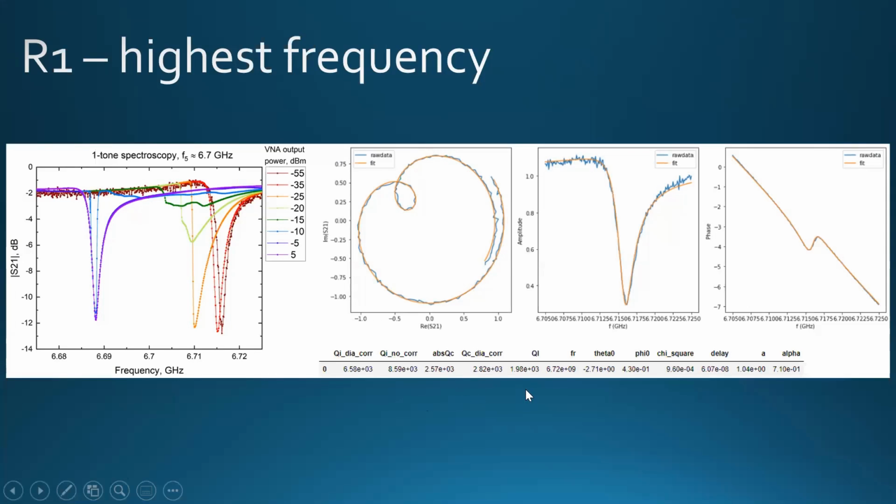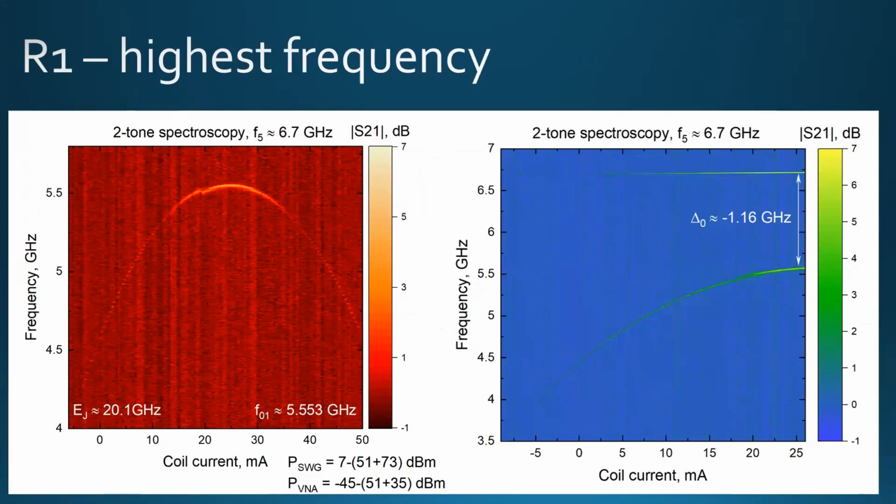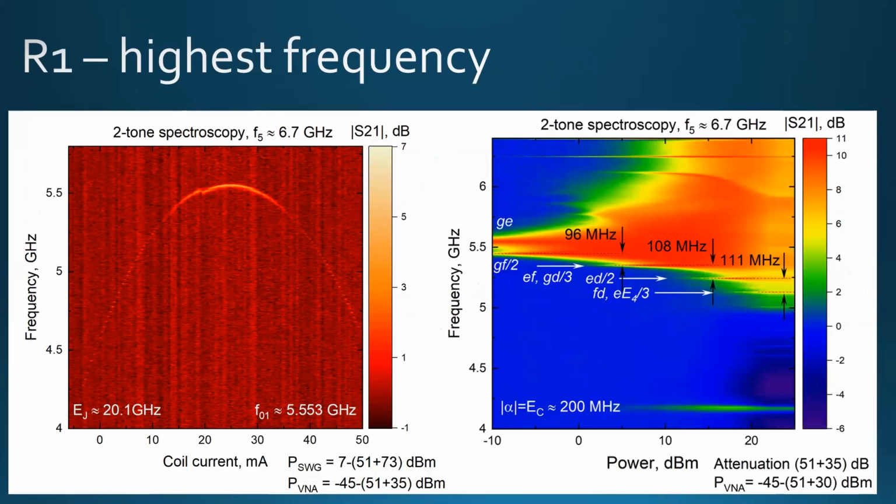So the quality factors are roughly the same, 2000 loaded and internal about 8000. And so here is two-tone spectroscopy, and the tuning is more than 1 gigahertz. The 0-1 transition is 5.5 gigahertz. And again, EC is about 200 megahertz here.